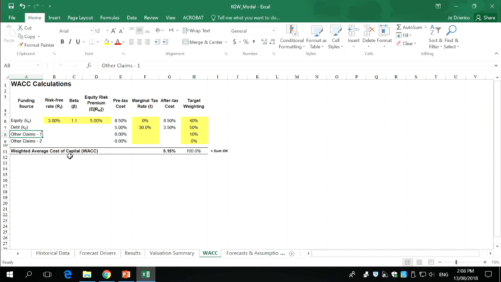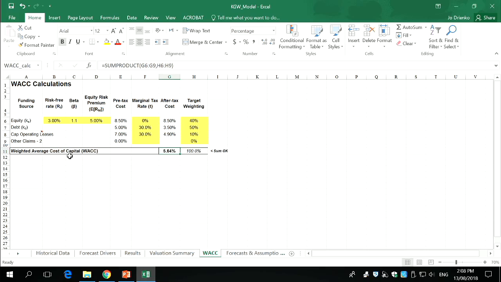So these other claims could be capitalized operating leases. And let's say the rate is, what did I tell you, 7% or something like that. There is a tax benefit of those as well, because any rent payment or lease payments are paid before taxes. So the company is 100% financed, and your WACC is 5.64 in this abstract example.